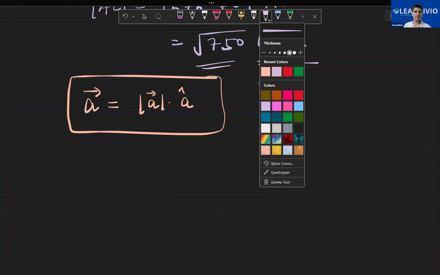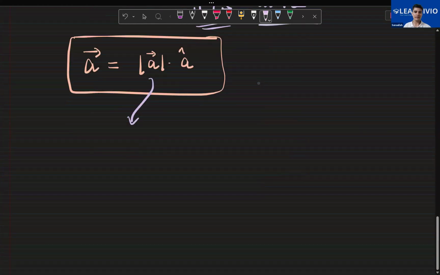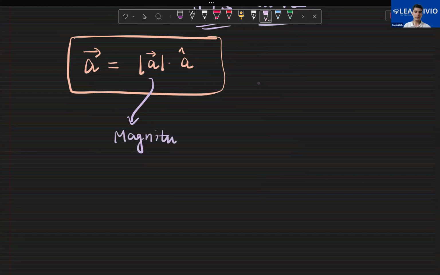The modulus of the vector is giving me the magnitude, and this A cap is basically telling the direction.